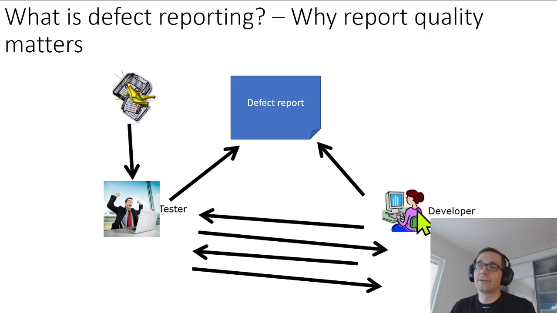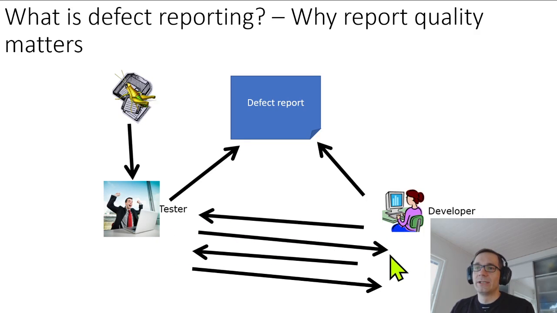And then next, the software developer looks into the defect report that the developer gets from the defect reporting database or by email or by other means. And if the defect reporting is not of high quality, then the developer may ask for more information, and there would be a response from the tester.